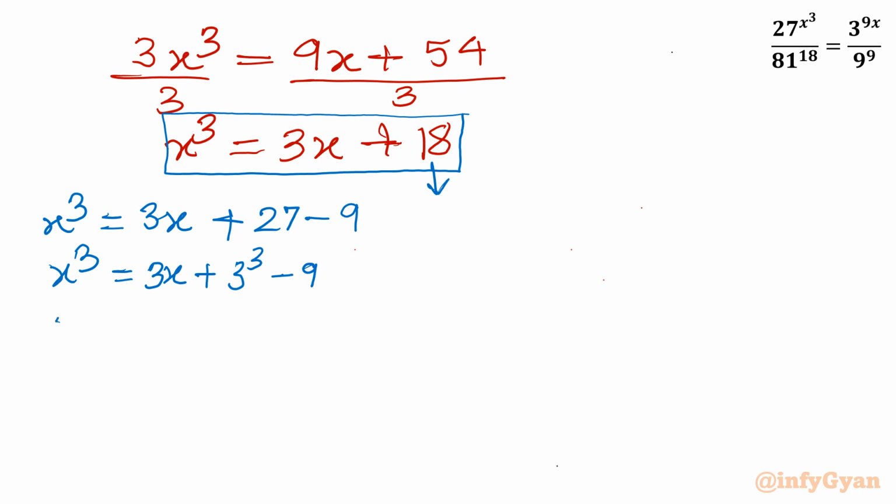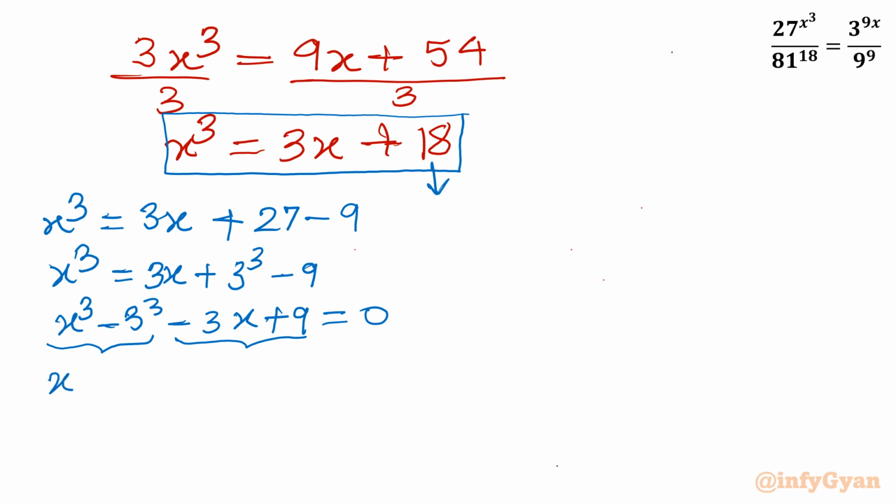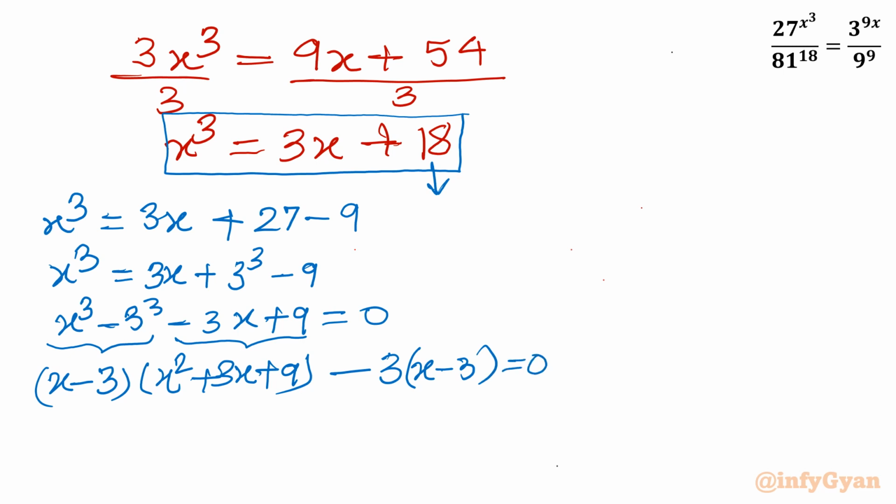Let me consider all the terms to LHS. x³ minus 3³, and then I will be writing minus 3x plus 9. Now here I will apply the a³ minus b³ formula, and here I will take minus common. So let me write the a³ minus b³ formula: (a minus b)(a² plus ab plus b²). So x minus 3 times (x² plus 3x plus 9), then minus 3 common in bracket, (x minus 3) equal to 0.